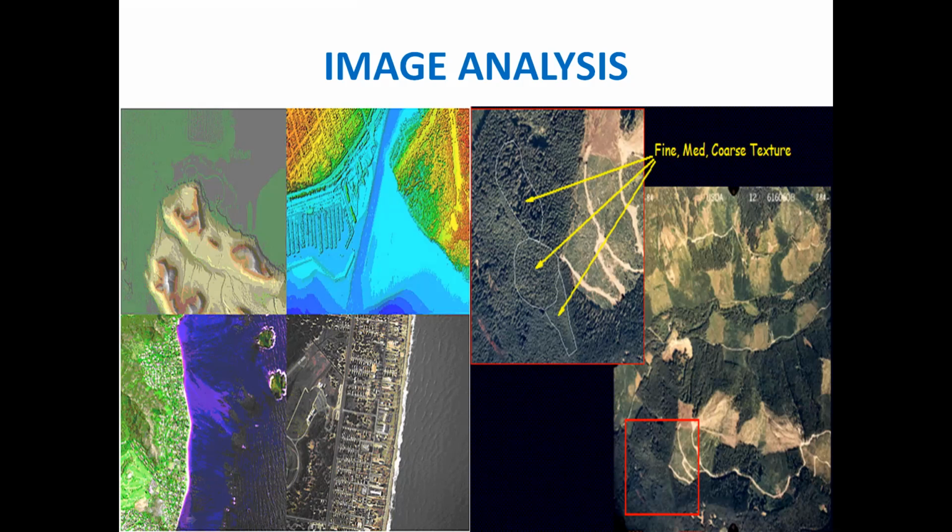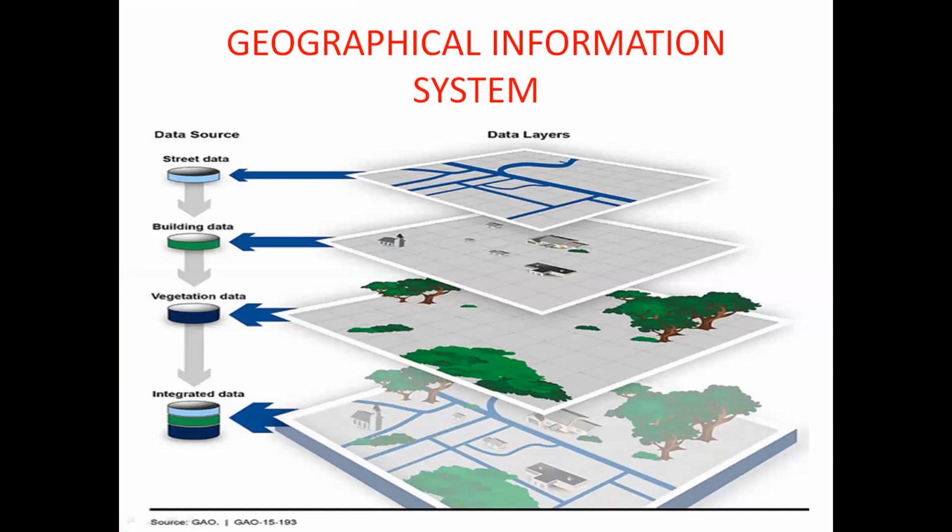That is the second unit for gathering information. See, another one: coordinate, geographical information system. This is the data source.